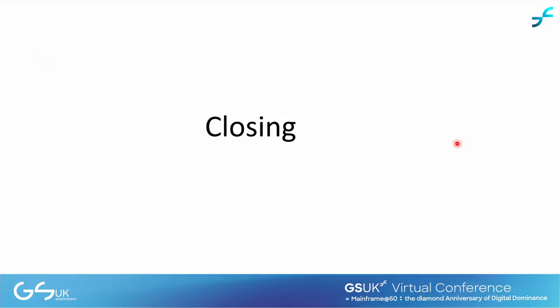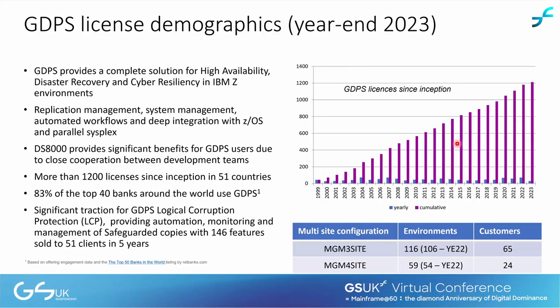So, closing, any comments, questions? All right. So, year to date, this is at the end of 2023. As we can say, GDPS is a solution that offers repeatable and automated scripting functionality and workflows that allow your system to automatically recover in the event that you have to declare disaster, or in the event that you have a primary or PPRC failure.